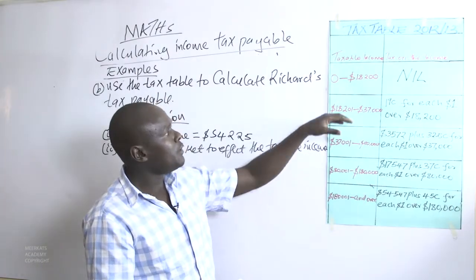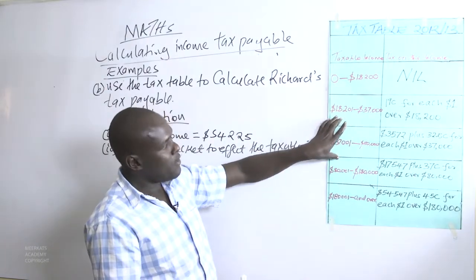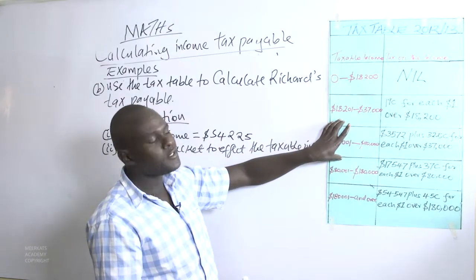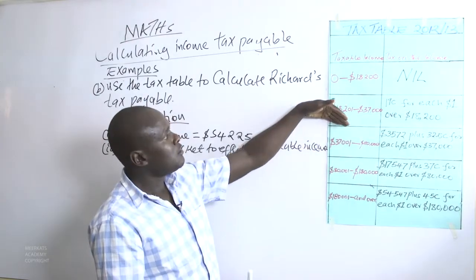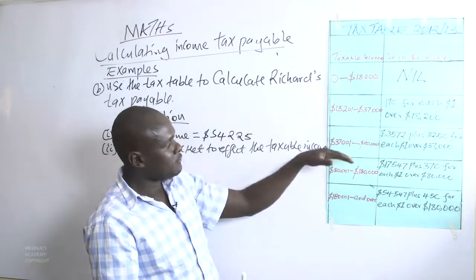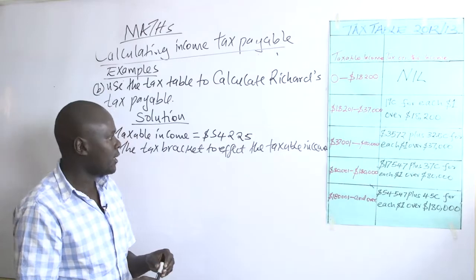Mostly when a given taxable income falls within the third tax bracket, we usually refer to it as the middle, because on one side we have two, on this side we have two, so we refer to it as the middle or the third.